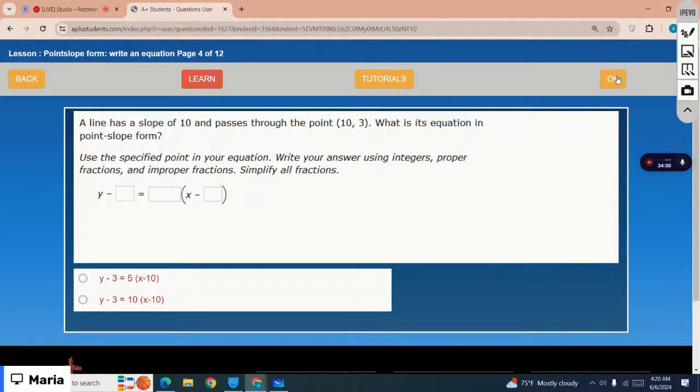A line has a slope of 10 and passes through the point 10, 3. What is its equation in point slope form? So which is the correct option?